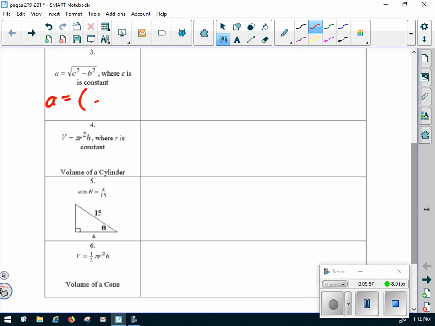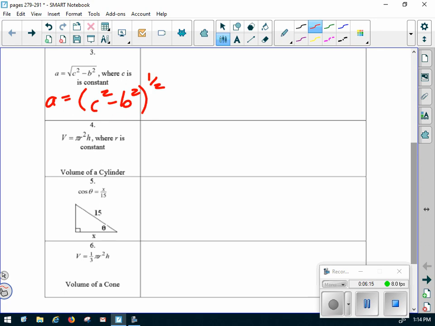A equals, and I'm just going to do a rewrite. What are our variables? B is a variable, and A is a variable. C is a number. C is a constant.